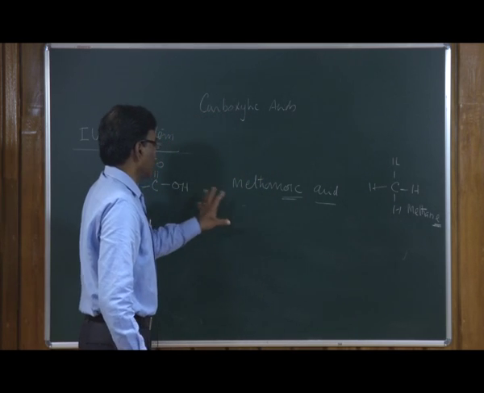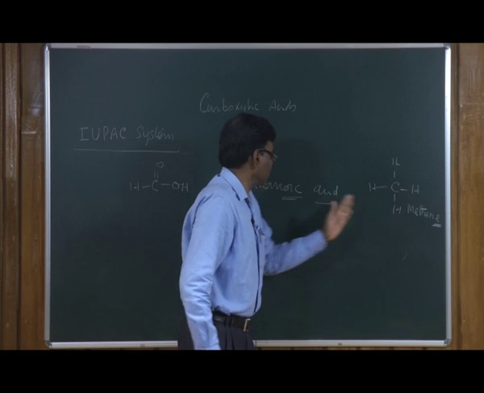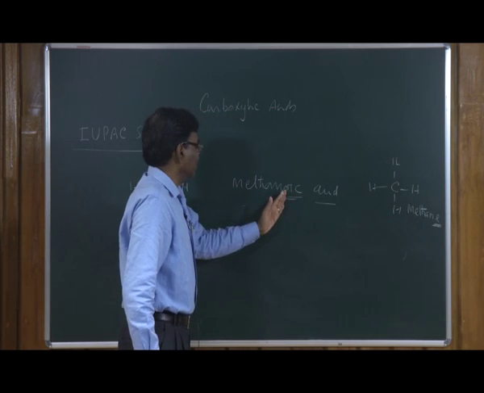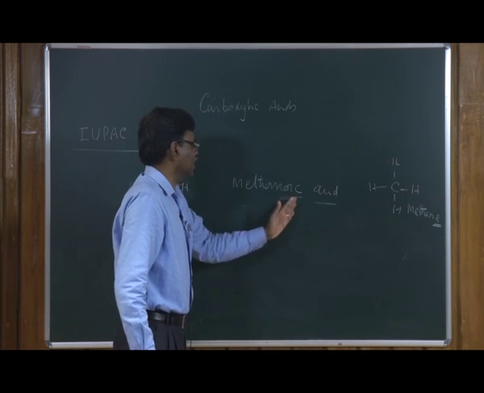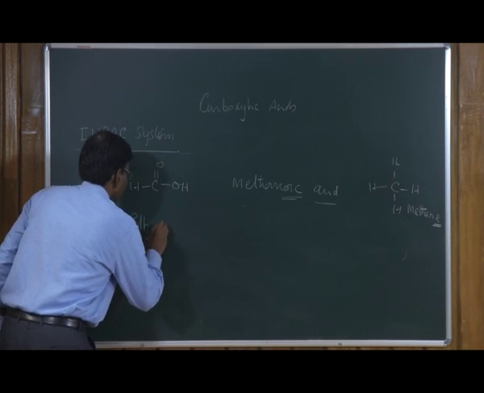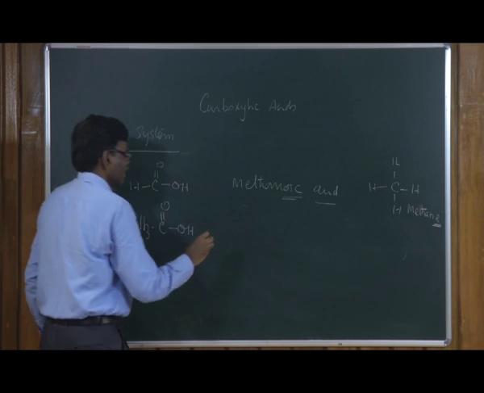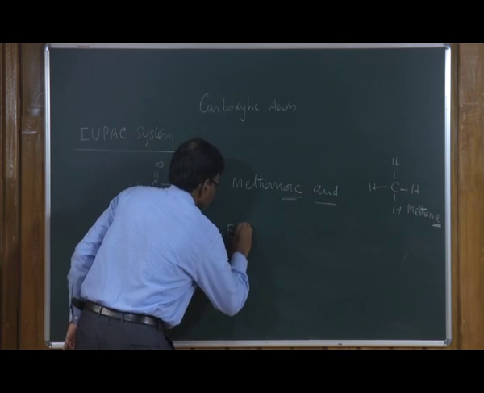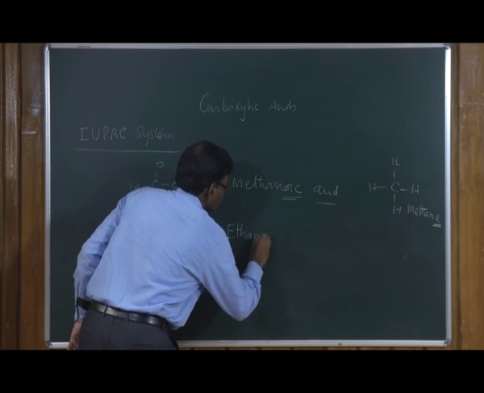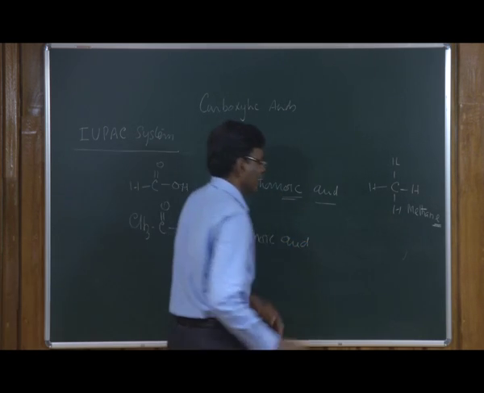So, this is called alkanoic acid, and the name of the alkane is methane, and E has been replaced by the suffix OIC and ACID. This is called methanoic acid, and similarly this is known as ethanoic acid. The corresponding alkane is ethane.